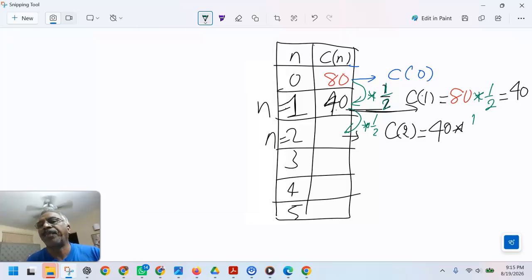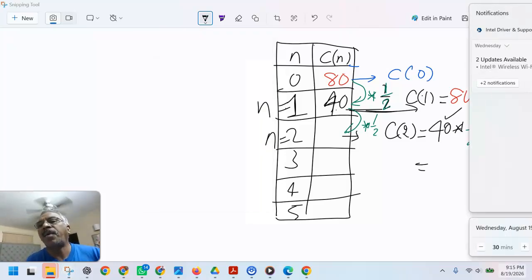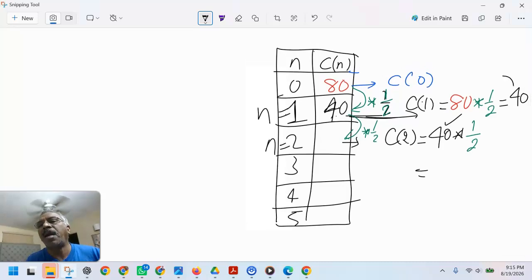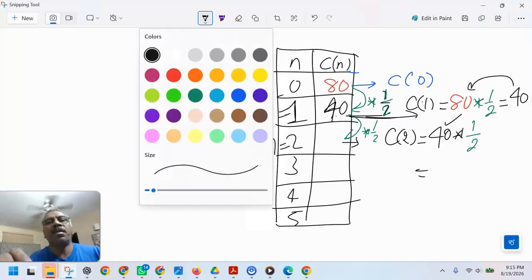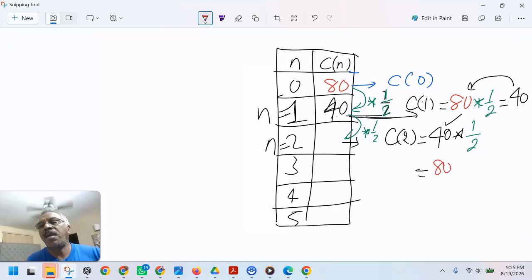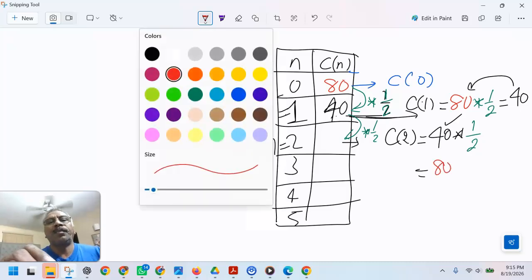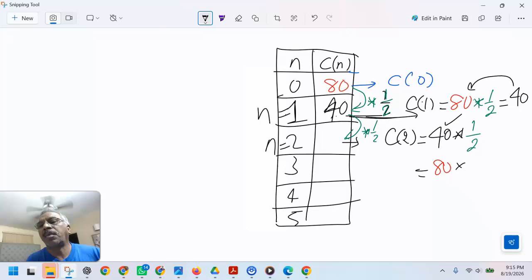But how did we get 40? Look at this. This 40 is because of this 80, the red 80, times half. So this half, because I'm replacing this 40 by this piece.